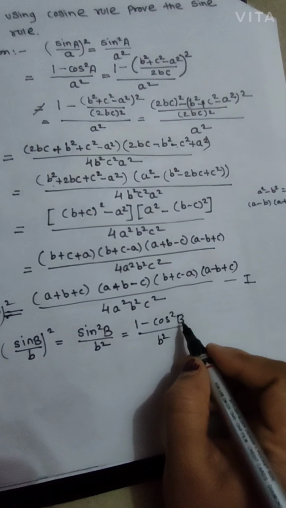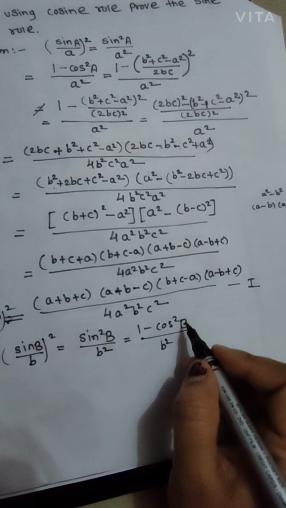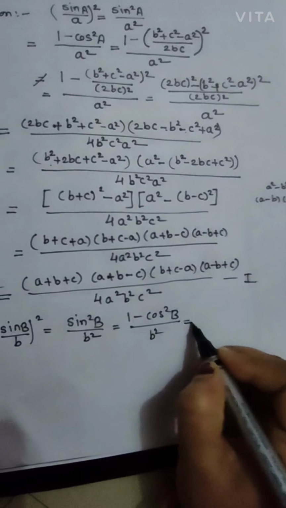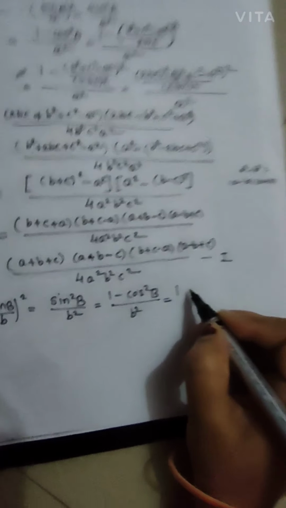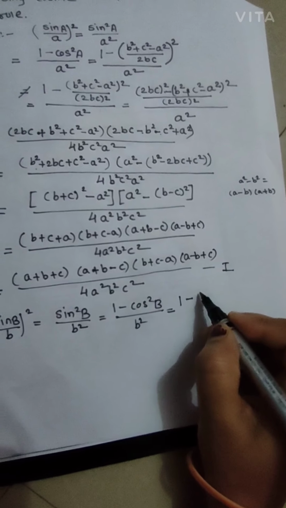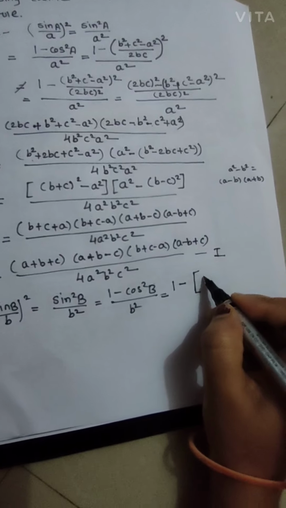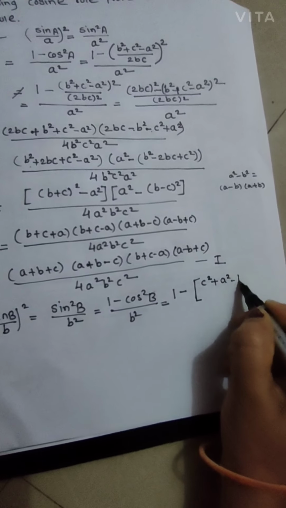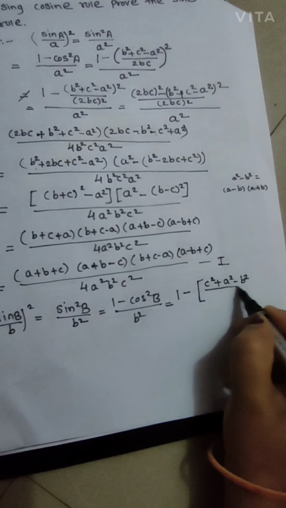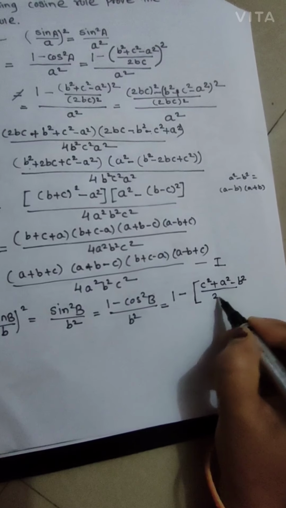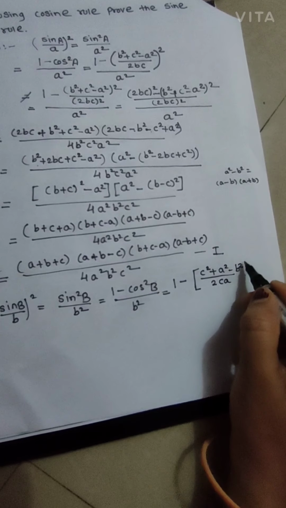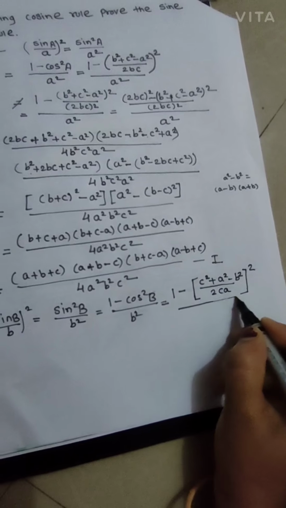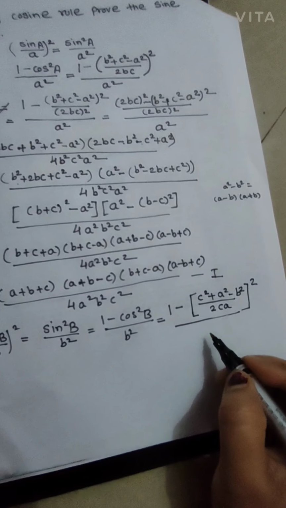Now we have to use the cosine rule for cos b, and it is like this: 1 minus, in whole bracket, c square plus a square minus b square upon 2ca, whole square, over b square.